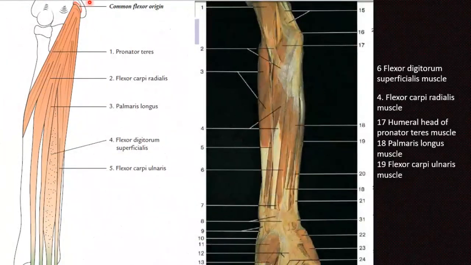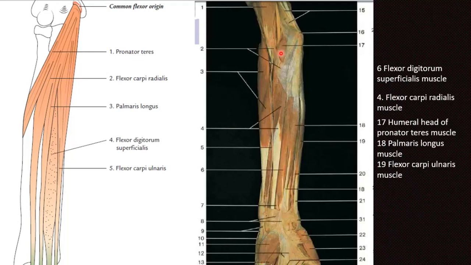Now, this is what I'm saying. If you place the heel of your hand here with the palm facing the forearm, the thumb will lie there, index finger there, the middle finger, ring finger, and the little finger, like that. The same here. This is your pronator teres.